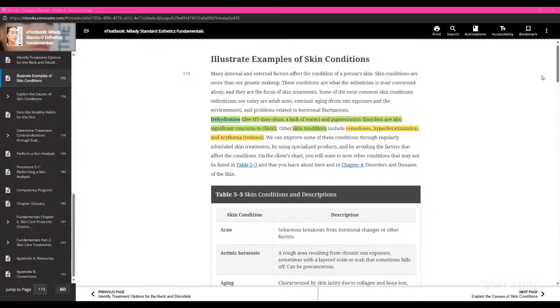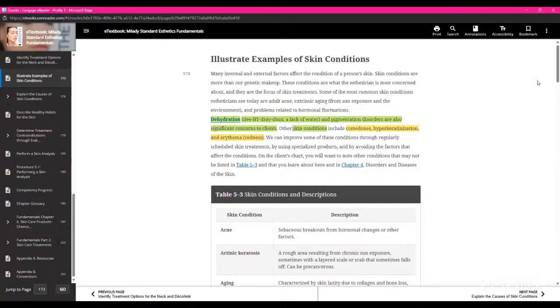We're going to close out chapter 5 today, and then we're going to prepare for our exam next week. So Monday, we are going to go over the questions on the study guide.